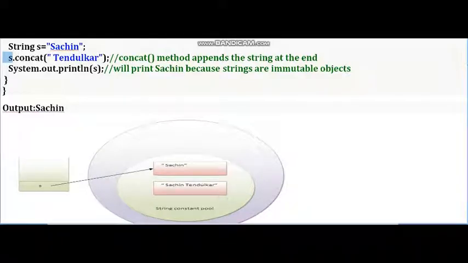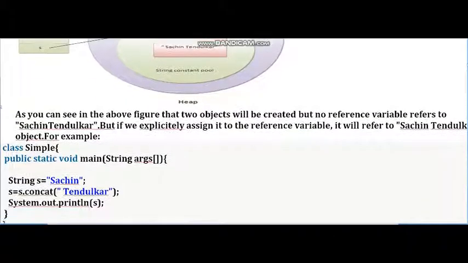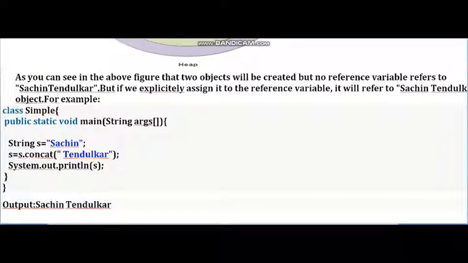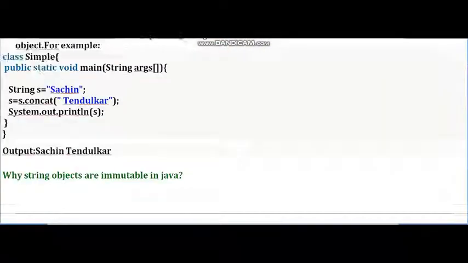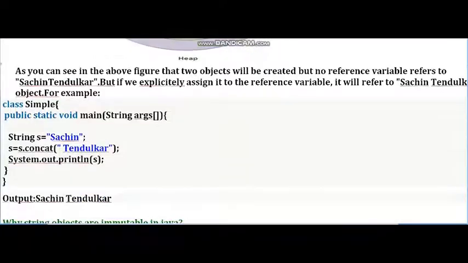What happens here is when you fire s.concat, it makes another string Sachin Tendulkar, but your s is still pointing to Sachin. To change that, you have to do a simple thing like s equals s.concat, meaning you have to change the object pointing. Now after this step, s is pointing to the string Sachin Tendulkar, and the output will be Sachin Tendulkar only.